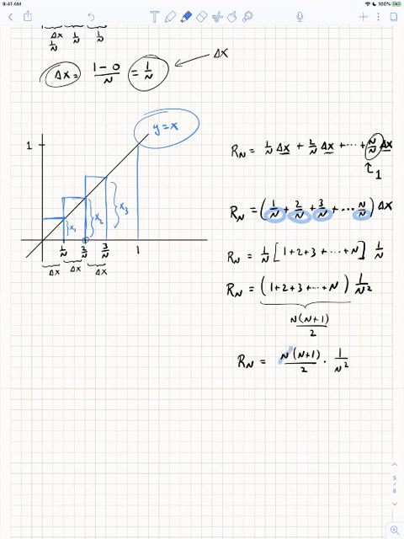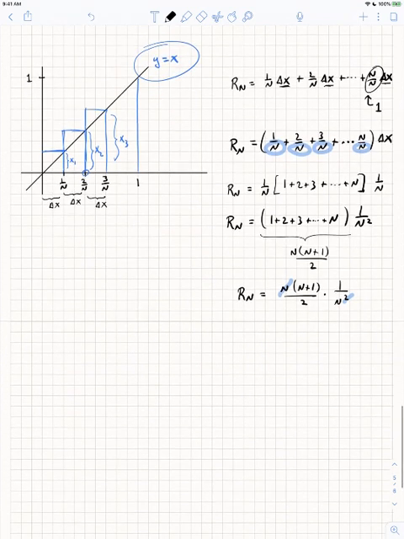Now this n is going to cancel with one of those n's, and what that means is that r sub n is equal to n plus 1 over 2 times n. This is the nth sum, or the nth approximation, using the right endpoints.